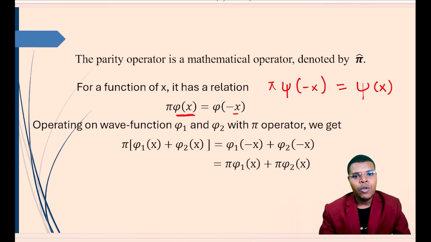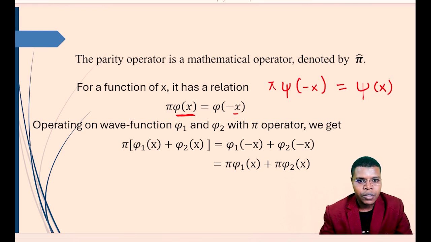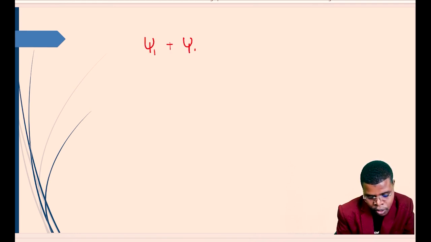When we are talking about properties, the parity operator has different properties. One of the properties of the parity operator is that it is a linear operator. We know the condition of a linear operator. For example, we have two functions, and the sum of the two functions is ψ1 plus ψ2.